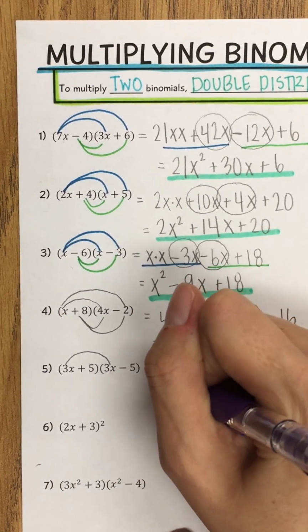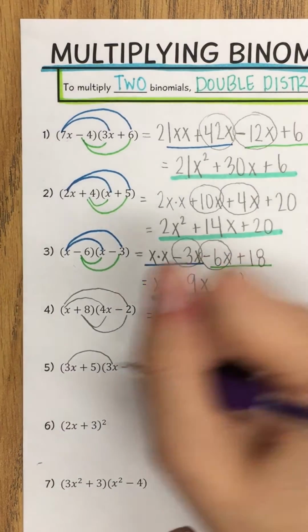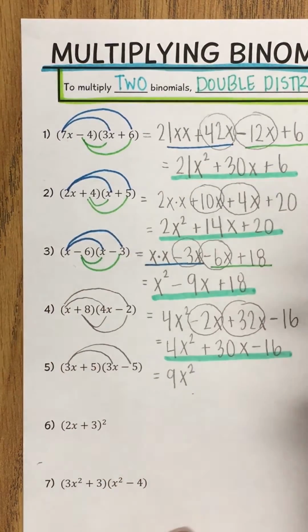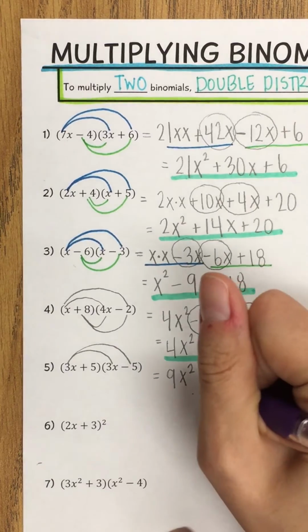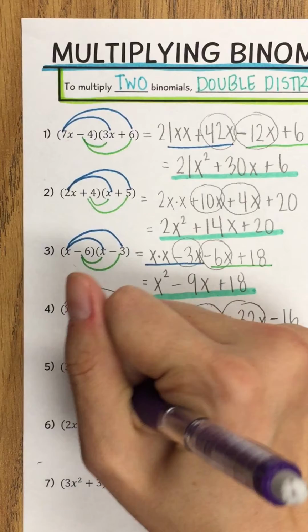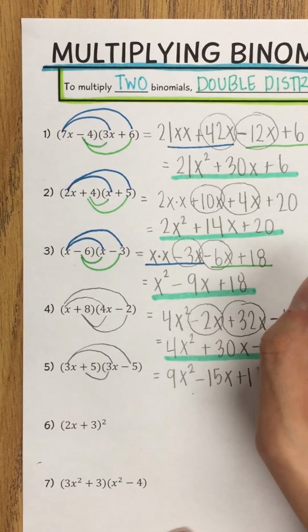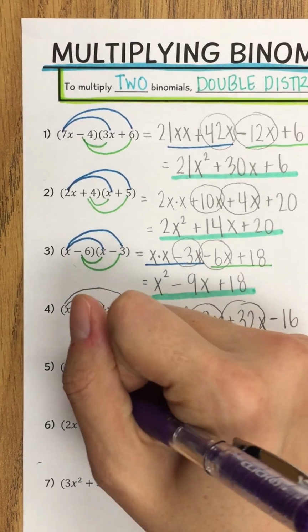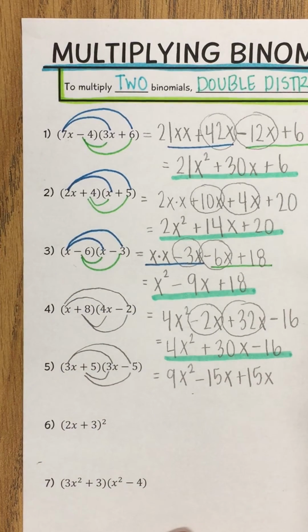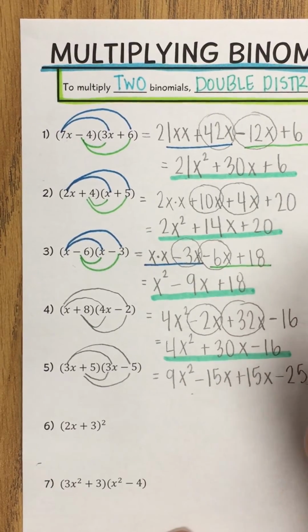That guy's going to go to 9x squared. Then we get 3x times -5. That's going to be a -15x. Underneath, we get 5 times 3x. That's plus 15x. And then last up, we get positive 5 times a -5. So that guy is -25.